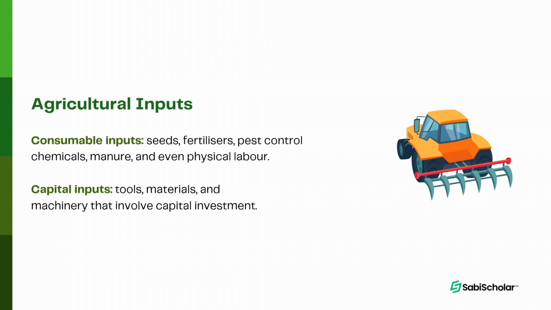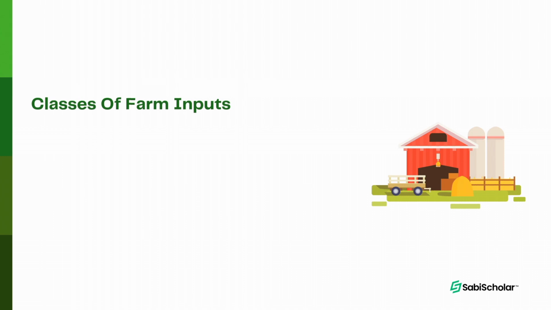Now, these farm inputs have classes. We've seen the groups that they are put into, but then there are classes, and these classes are based on different criteria. The first class is based on source. Some inputs can be classified as natural, synthetic, or maybe a combination of both. Natural inputs like manure, compost, and other organic materials are the ones that come naturally.